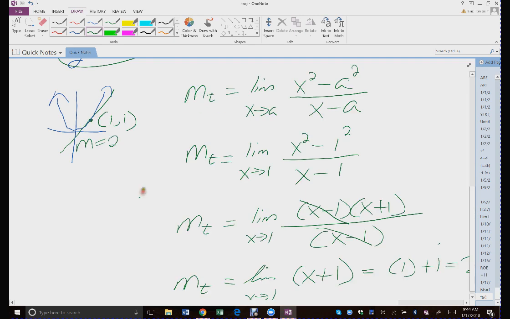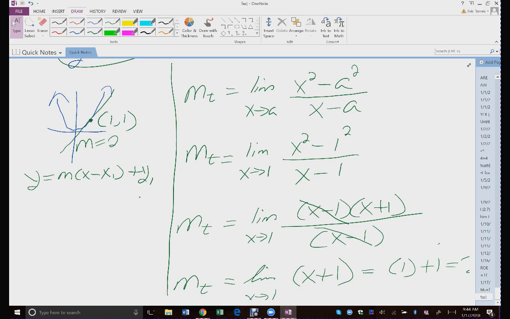There we go. So, if my slope is 2 and I have a point, then I can use the point slope formula, which is y equals m times x minus x1 plus y1. That is your point slope formula of a straight line. You should know it by heart already.